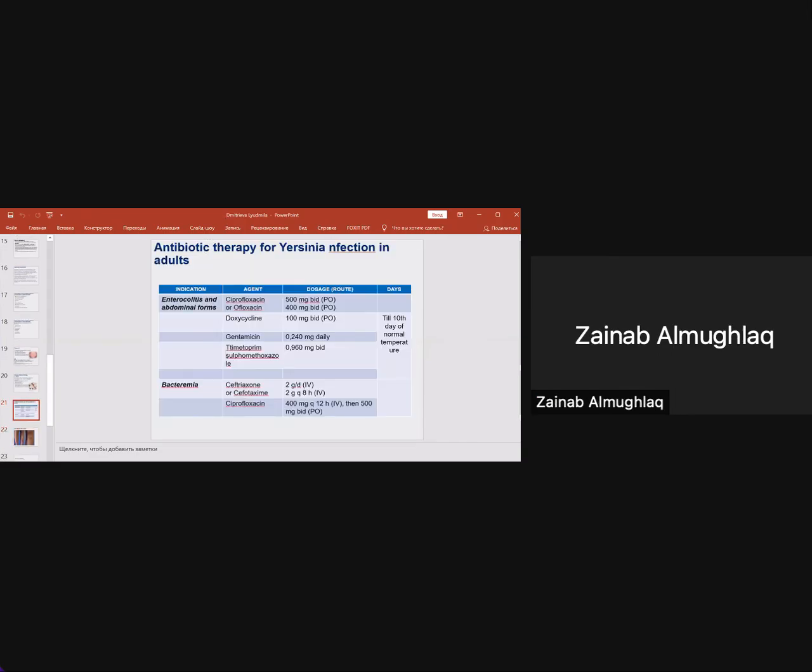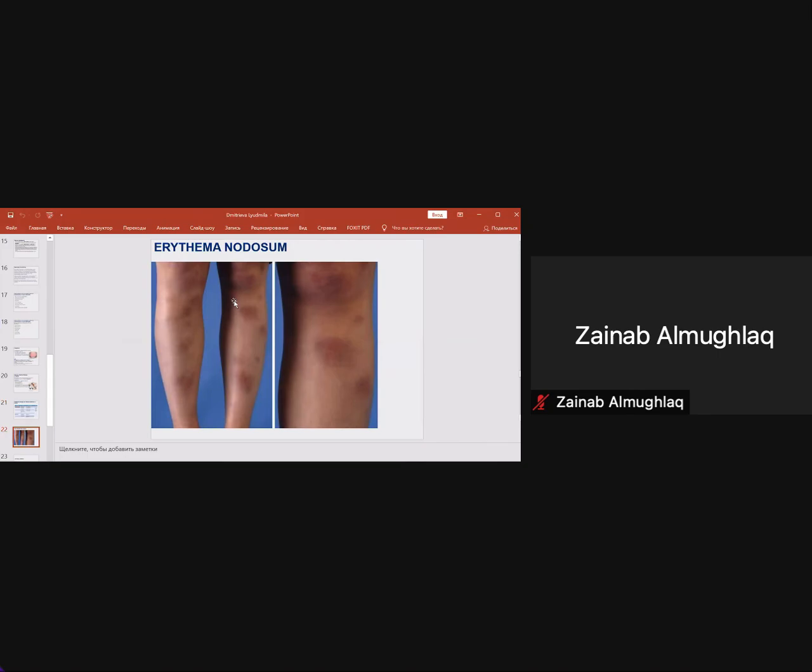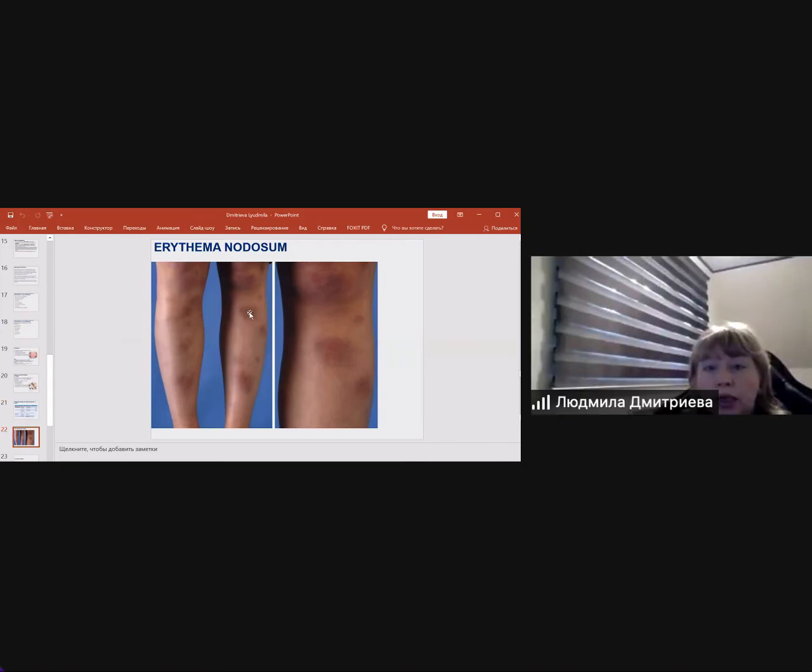I want to show you erythema nodosum. You can see erythema nodosum. The elements are usually on the legs, but maybe on the arms, yes. The size may be as an egg, and red colored with cyanosis, yes.